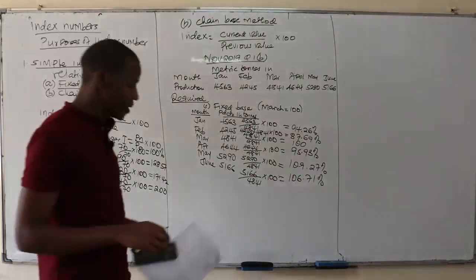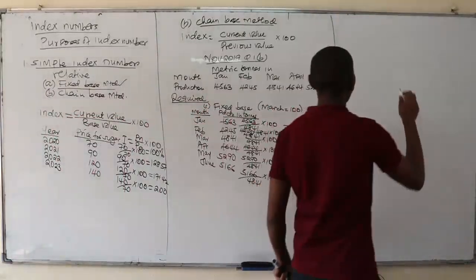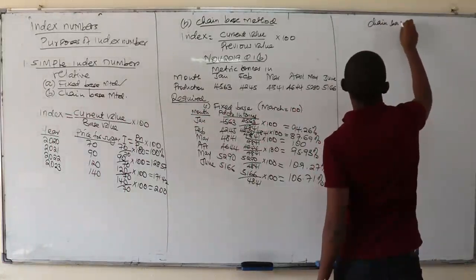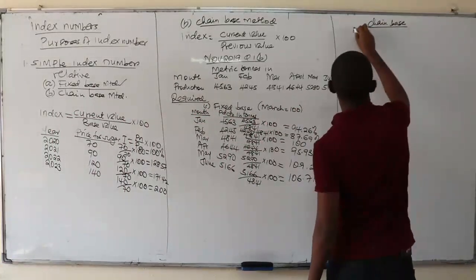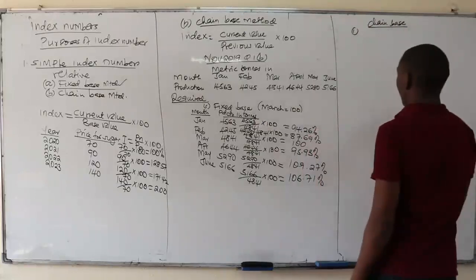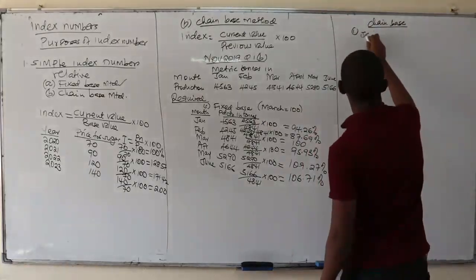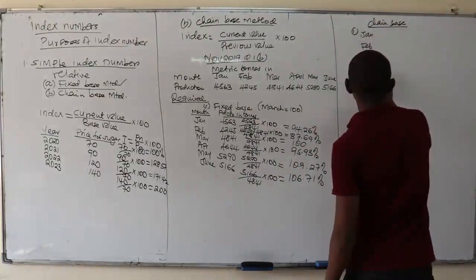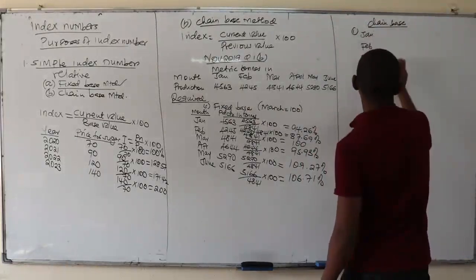That is how you get that when you use the fixed base method. Now the second one is the chain base, that is Roman 2. For that case also I will have the months here: January, February, March, April, May, June.